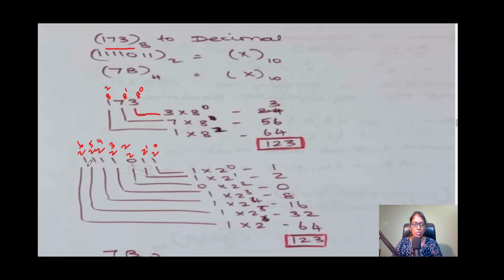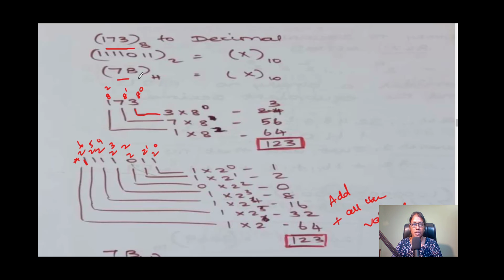Multiply each digit with its equivalent power of 2, then add all the values, and you will get its equivalent decimal value.